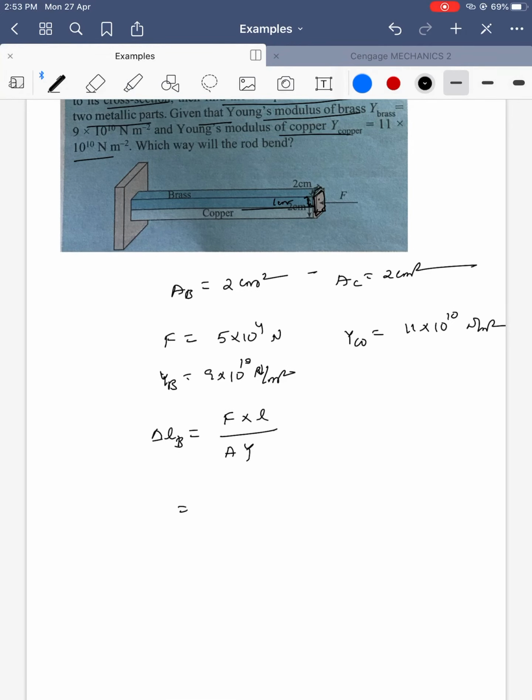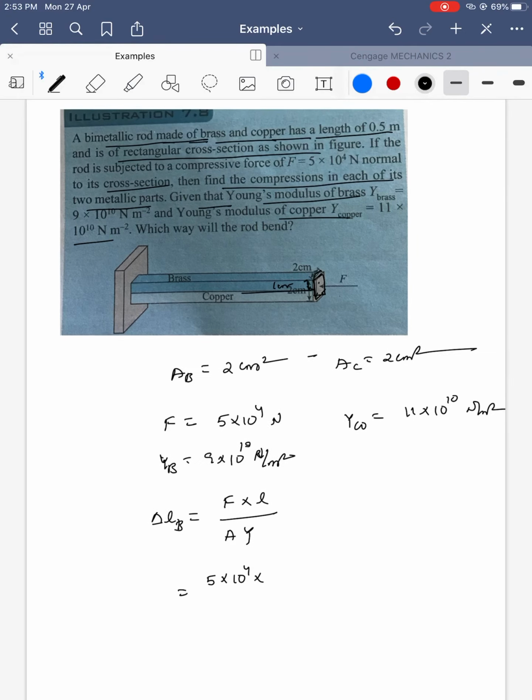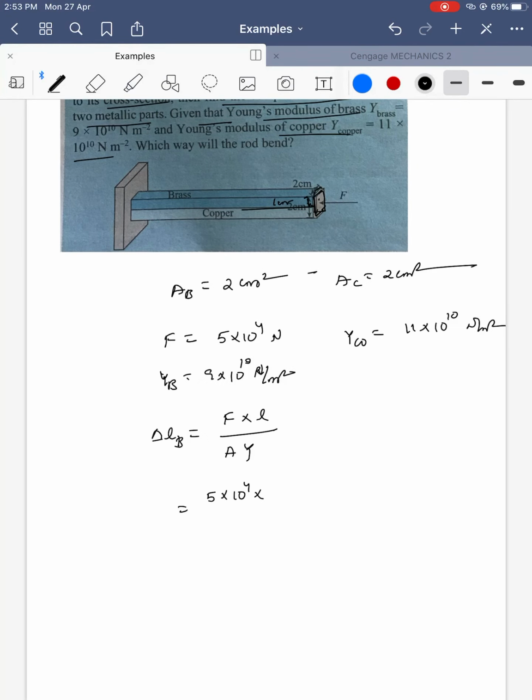So F is nothing but, what is the force? 5 into 10 power 4 into L. L is nothing but, how much is it in centimeter? Length is not given, assume it as length L, by area. Area is 2 into Y is 9 into 10 power 10. Okay, this is delta L of brass.